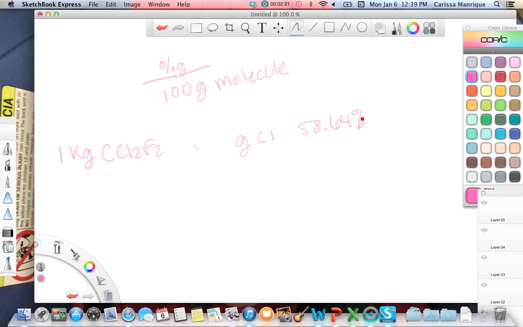Okay, so I am going from a gram to a gram here, which we just in the previous podcast went from a gram to a gram. But this one's different though, because there's a shortcut if you want. If you have the percent, then this problem just got a lot easier. Okay, you don't have to go from gram to mole to gram.